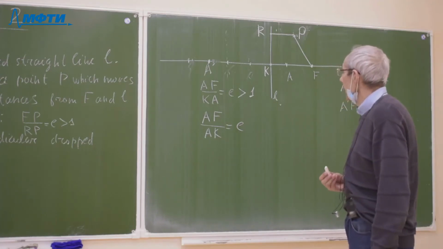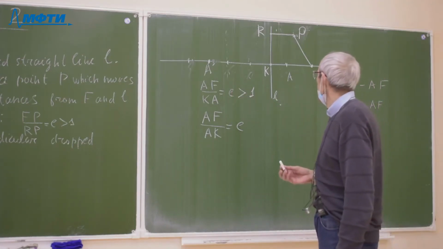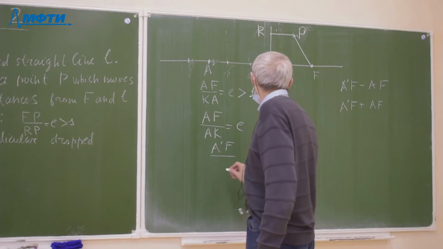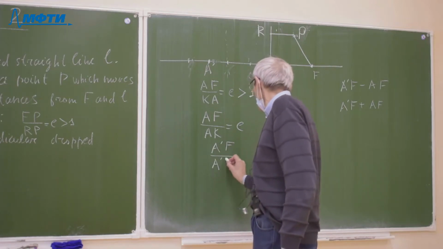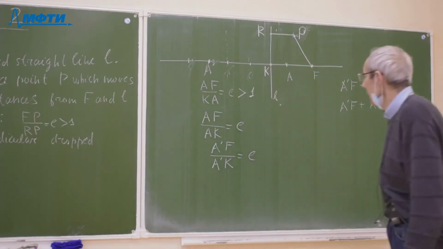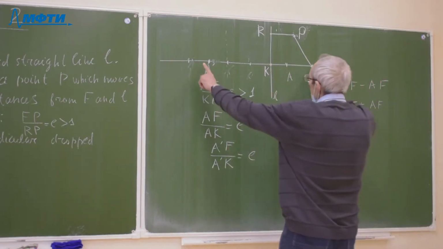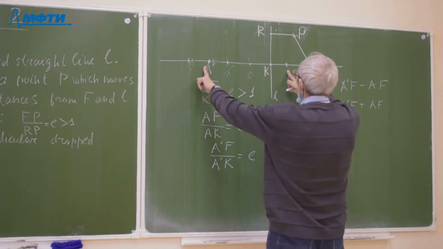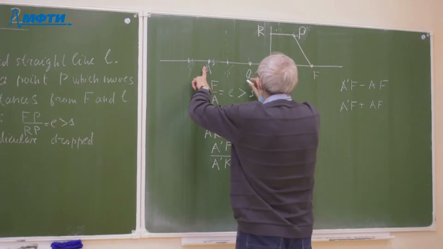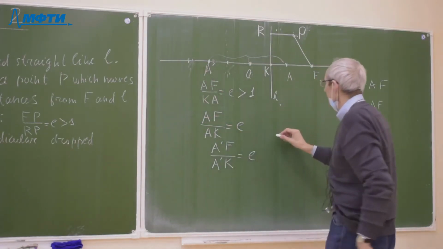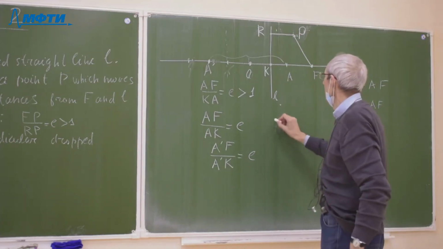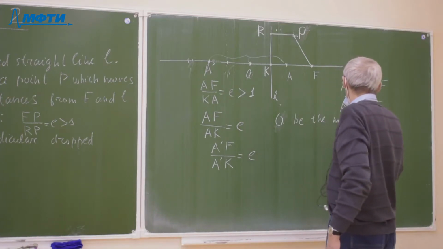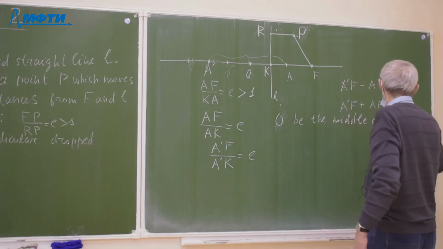This point satisfies the same relation: A prime F to A prime K is also equal to E. These are two symmetric points. And let O be the middle of the segment A prime A.